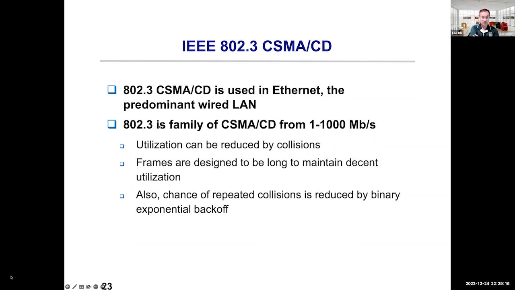And the 802.3 family is a family of CSMA/CD for 1 to 1000 megabits per second. Utilization can be reduced by collisions. Frames are designed to be long to maintain decent utilization. Also, repeated collisions are reduced by binary exponential backoff as well.